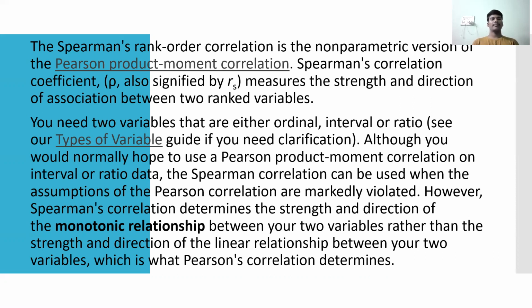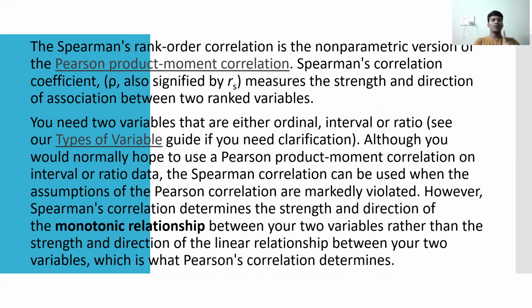However, Spearman's correlation determines the strength and direction of the monotonic relationship. A monotonic relationship means only a single direction, either positive or negative. If this is the graph, then it is constantly increasing, or increasing in a parabolic way or any other way, but in only one direction, then it is called a monotonic relationship.